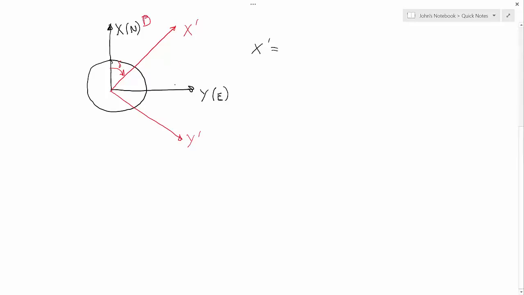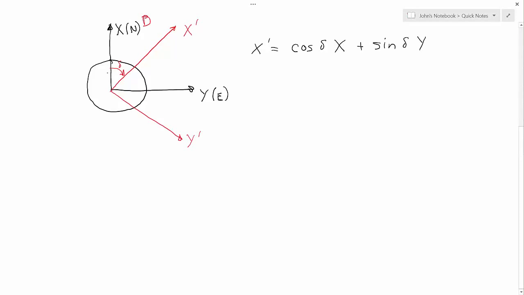I think you guys know it. Somebody say something. It would be, yeah, cosine delta x plus sine delta y, right?